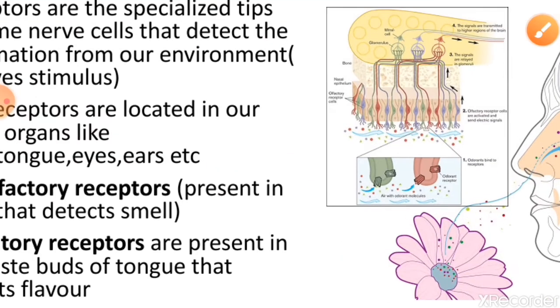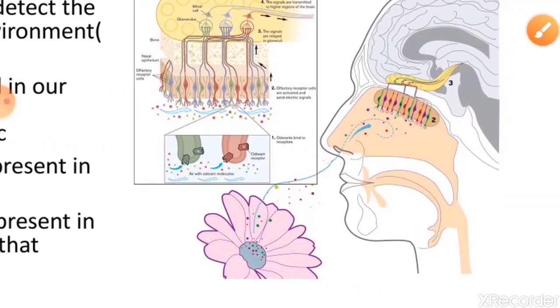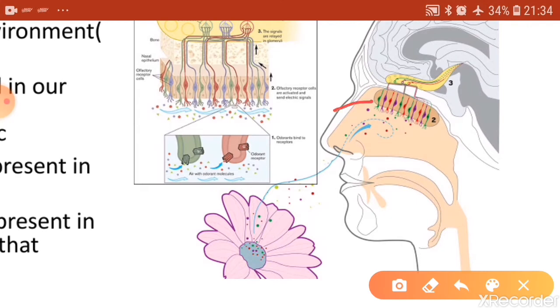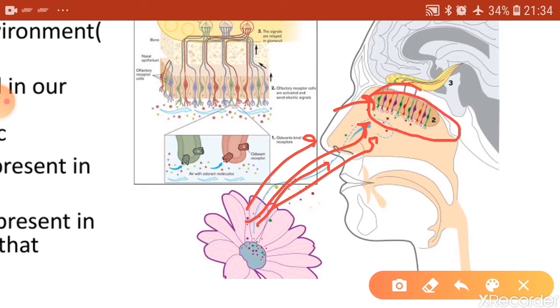For example, your nose. Your nose has olfactory receptors which detect smell. So when you are holding some flower and trying to smell it, the chemicals of this fragrance pass into your nose, and these are first detected by the receptors which are present in the olfactory epithelium that lines your nasal cavity.